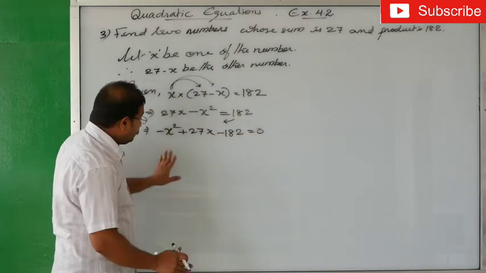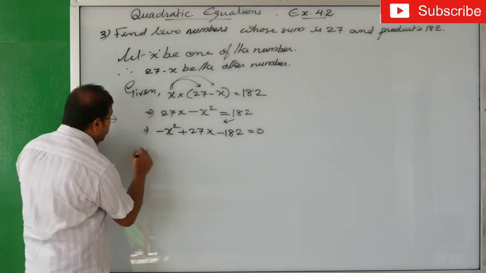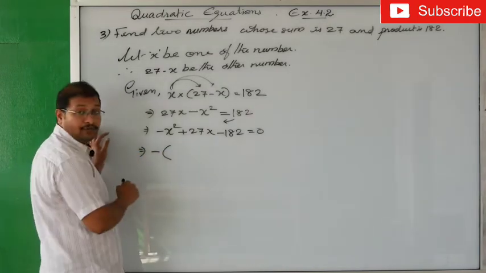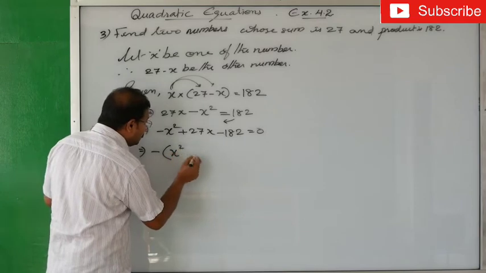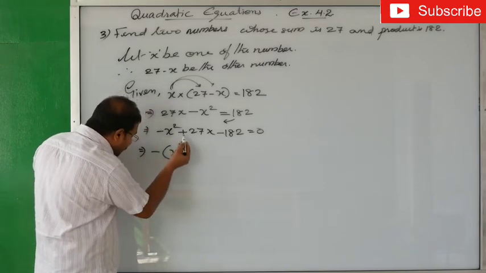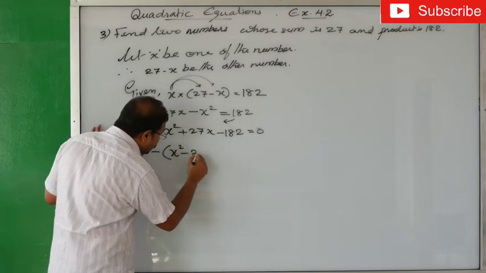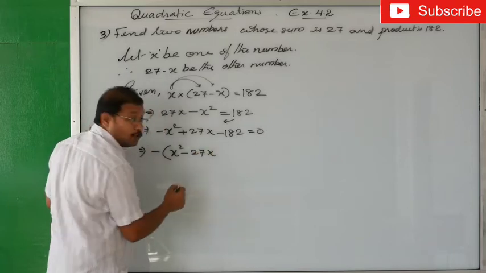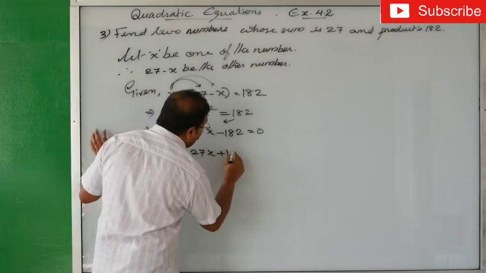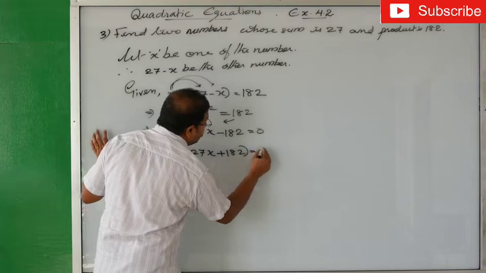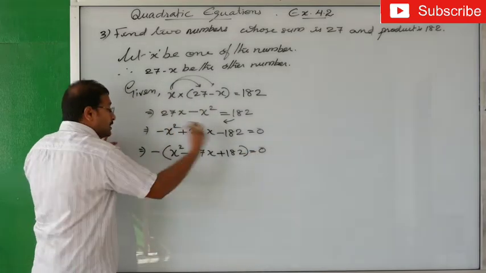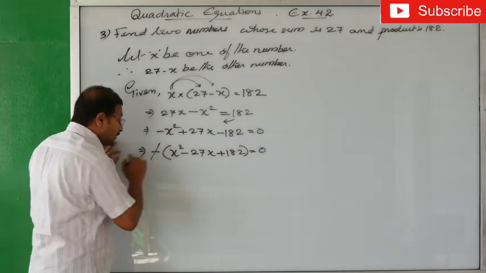Ready? We are taking common minus outside, that is minus of x square. If you take minus outside, plus becomes minus 27x, and the minus will convert into plus 182 equal to 0. Ready? Now since the other side is 0, so minus will cancel.